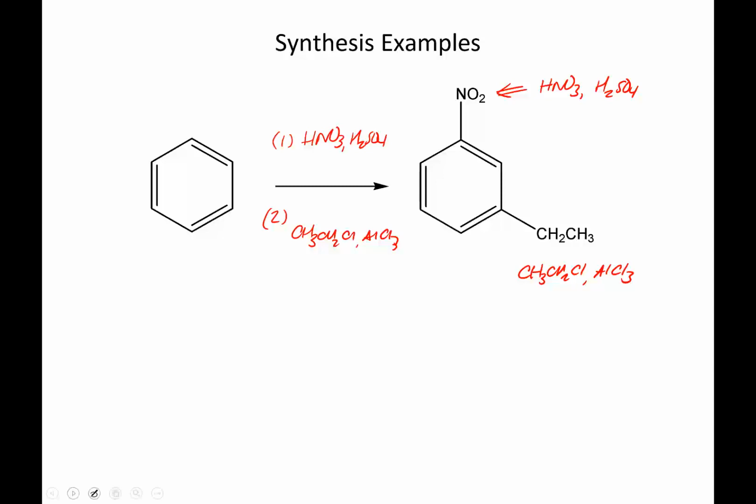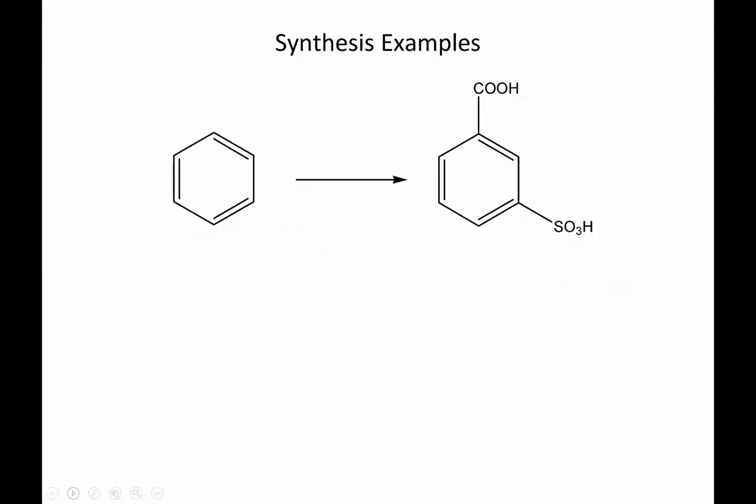So we don't know necessarily a lot of reactions to add groups to the ring. You may think it's a lot of reactions, but it's really not. So let's pile on a few more. Here's an interesting problem.